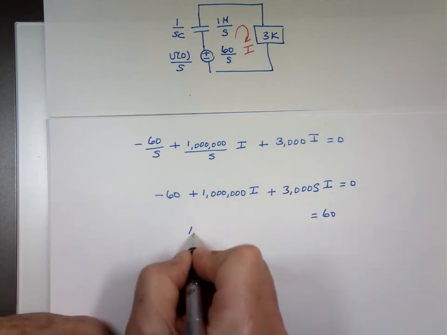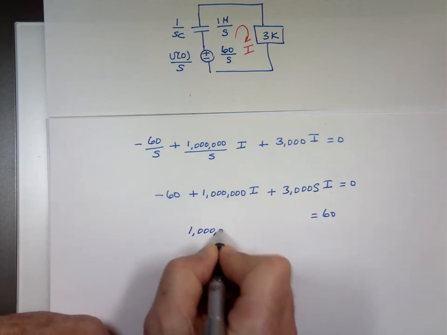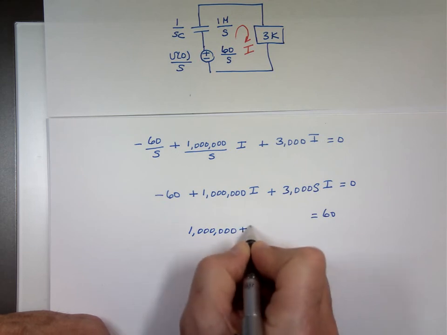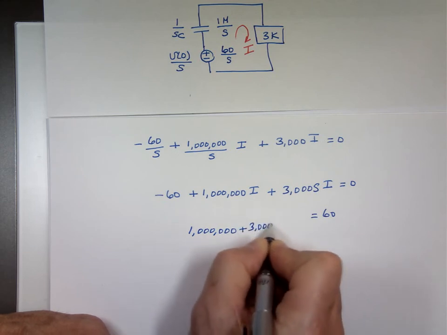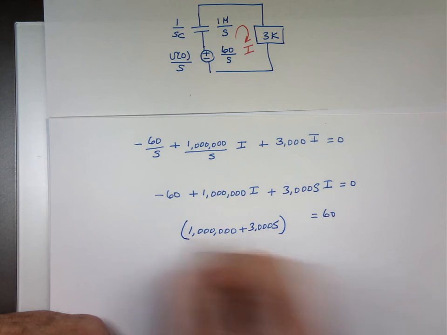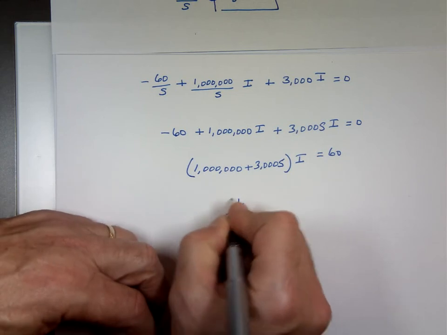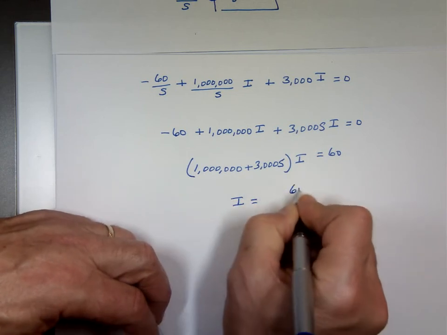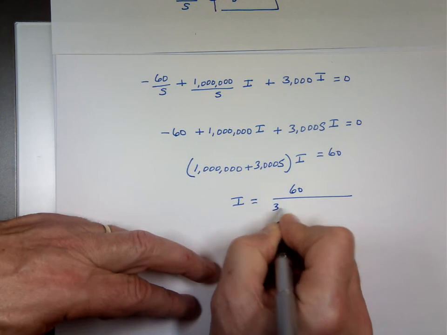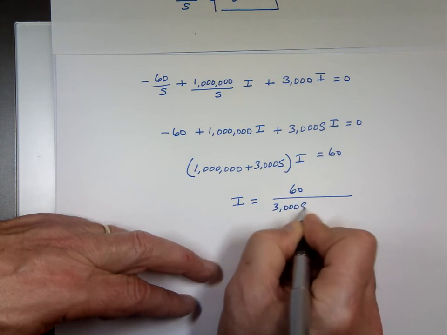This is the type of question I make, huh? Where the numbers are crazy. What's I equal to? But the math ends up being really simple. 60 over 3,000 S plus 1 million.